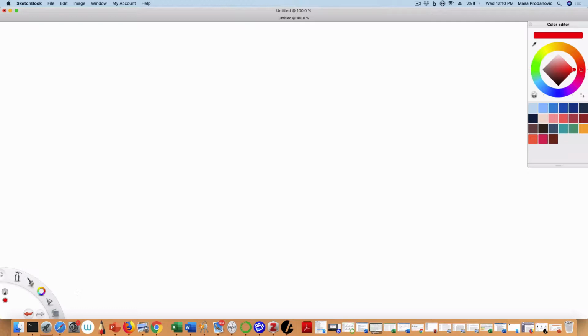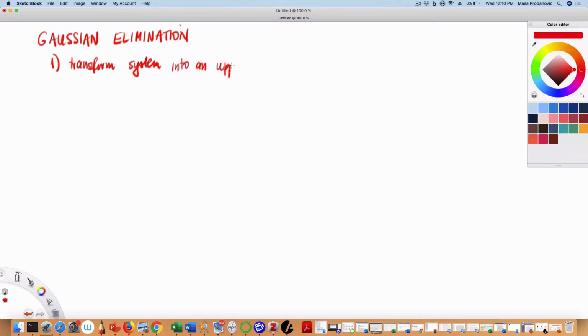So, Gaussian elimination, sometimes it's also called Gauss elimination, either way works. The first step that we will do is transform the system into an upper triangular one.